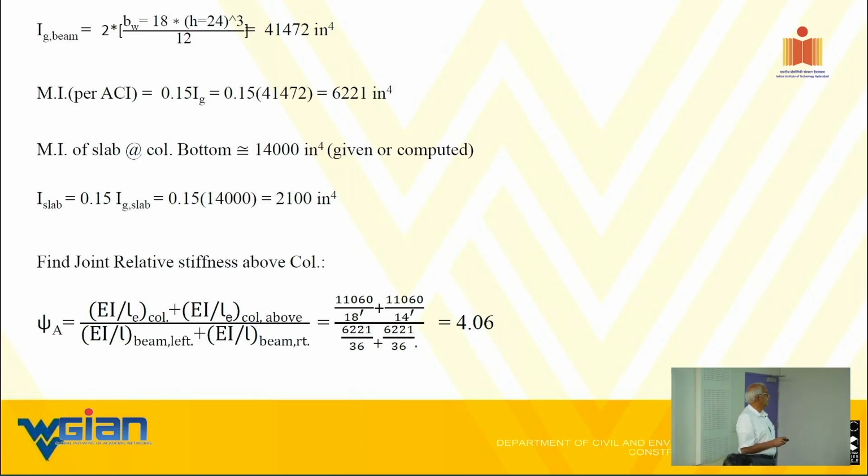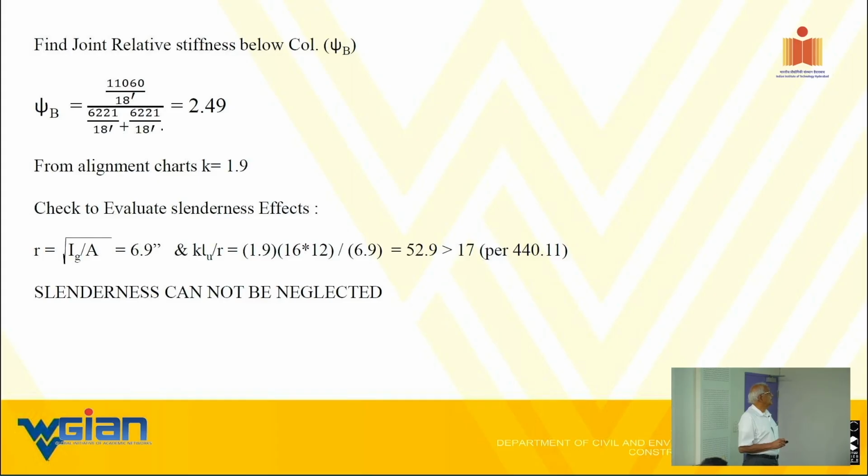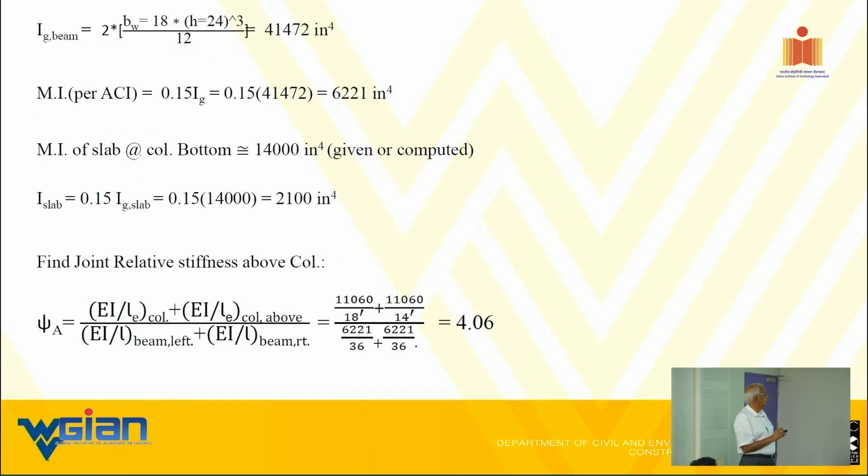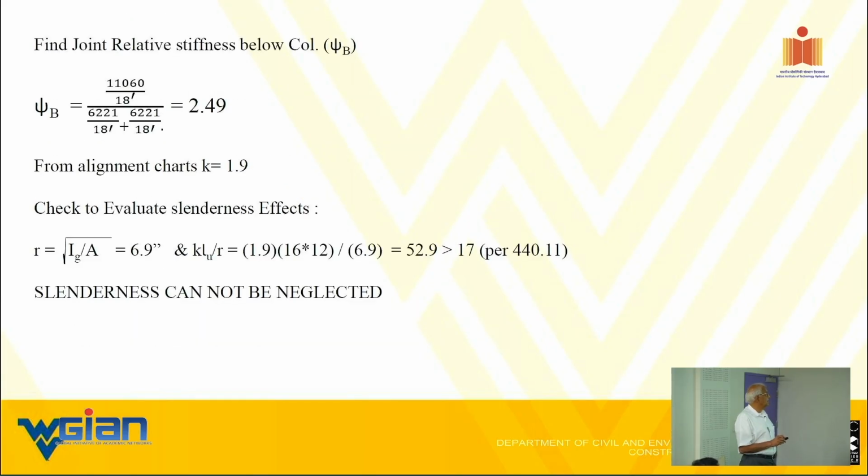The column above, column below, beam left, beam right, that is your joint. So for psi B, find the joint relative stiffness below the column, again based on the previous approach. Once you establish psi A for the top, 4.06, and psi B for the bottom of the column, 2.49, there is an alignment chart similar to what you showed.